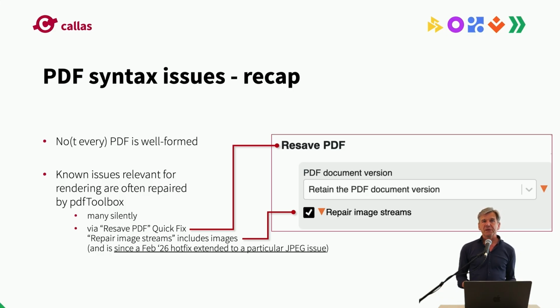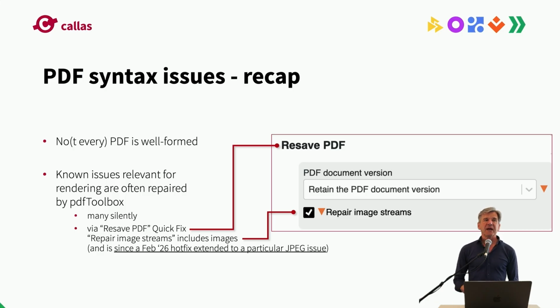As we all may have experienced, not every PDF is well formed. That is not always a problem in printing, as there might be issues in the PDF file, in the tagging structure or whatsoever, that don't necessarily have an impact on rendering. If it has an impact on rendering, print service providers will suffer.